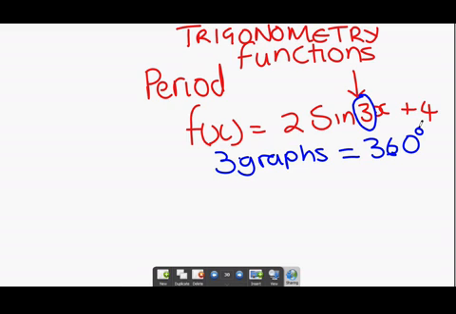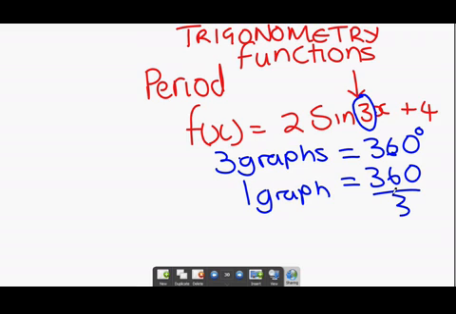So if I want to know what one graph will occupy, one graph will give us 360 divided by the 3, and that one graph will occupy 120 degrees on the Cartesian plane.